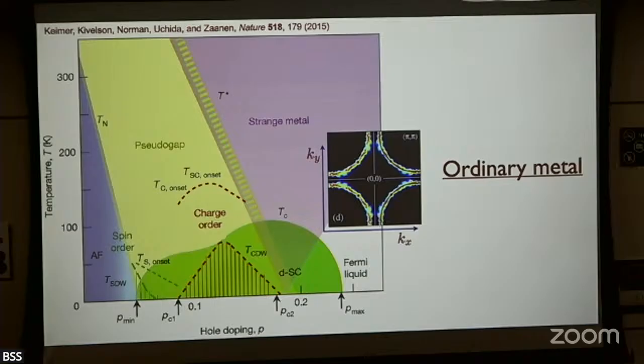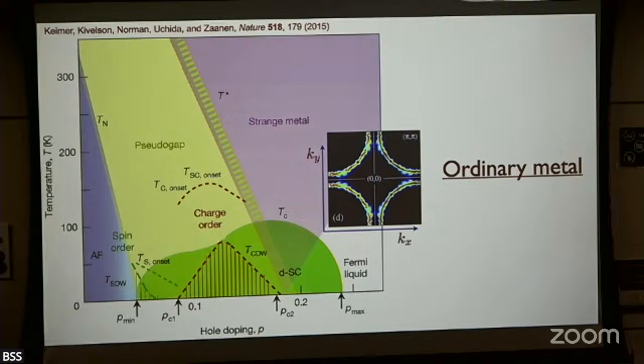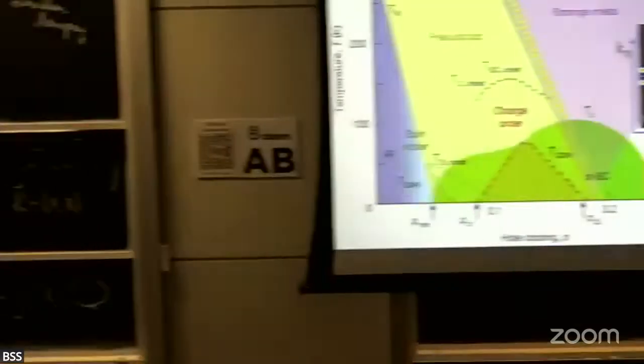But the idea is that this pseudogap involves some very different physics that's simply not present, at least as formulated, in this theory of electrons interacting with a spin 1 paramagnon.